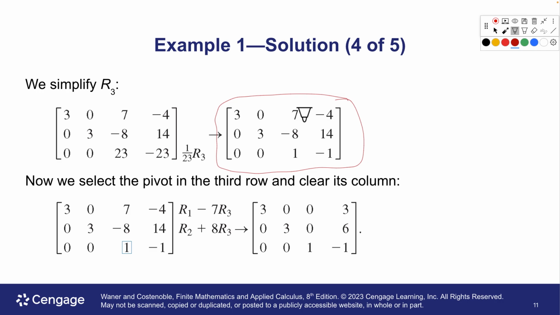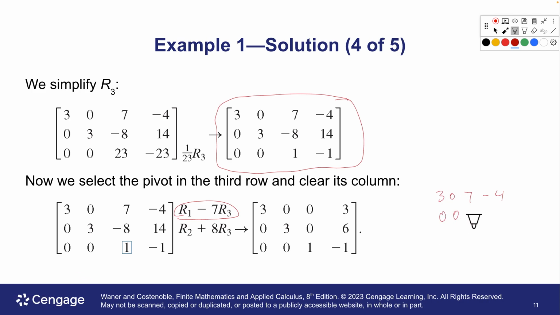So again, you can go in any order you want, but to get the top one cleared, we're going to take row 1 and we're going to subtract 7 times row 3. So we just copy row 1 is 3, 0, 7, negative 4.